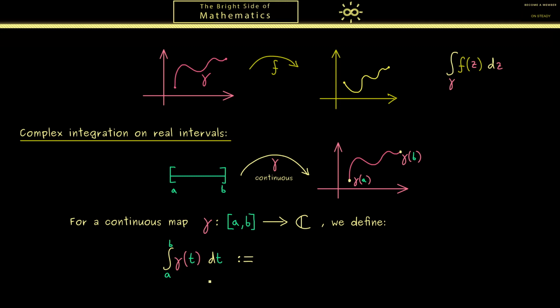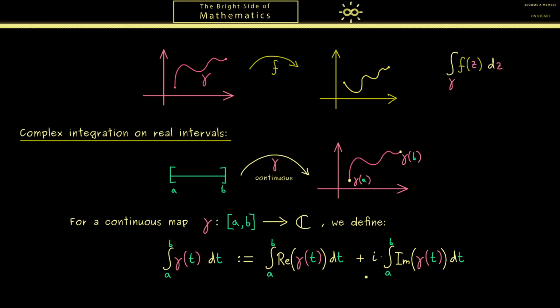We can just construct it with two real integrals. Namely, we just take the integral of the real part of the function gamma, and then we add i times the integral of the imaginary part. In other words, we just look at the two components the function gamma has, and then we consider them separately in the integral.